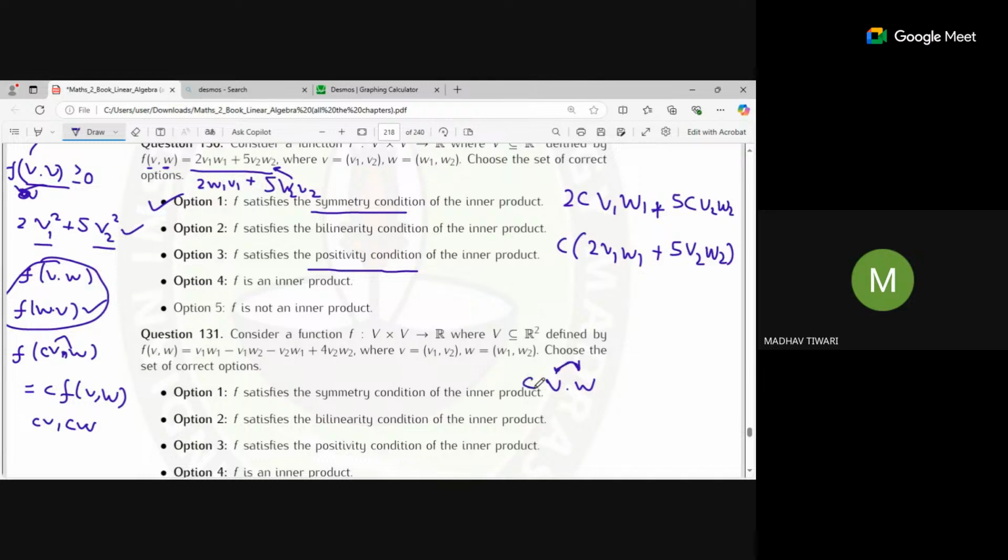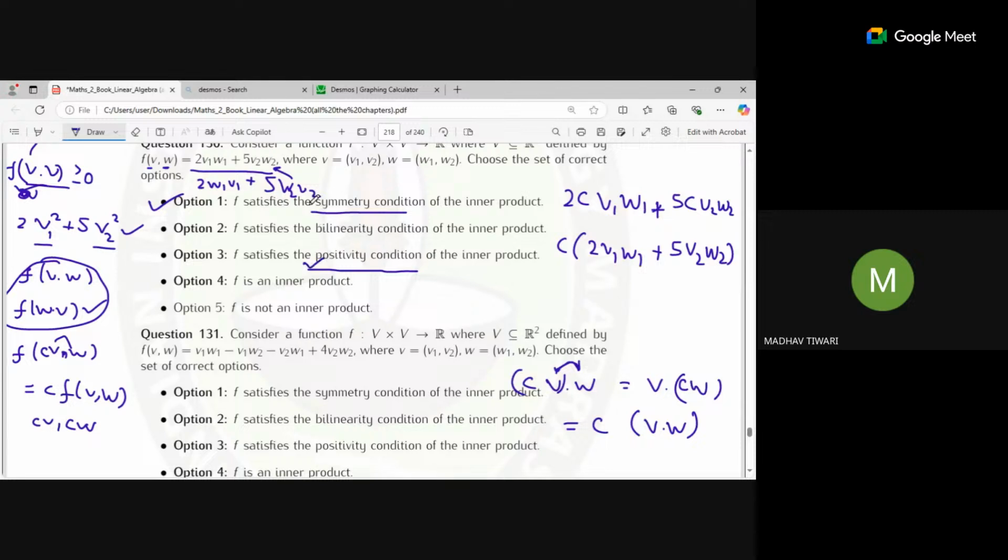So if I multiply this first, it should be equal to V times CW, and it should also equal C times V dot W. Whichever I do first, it should satisfy all these three conditions. Doesn't matter whether I multiply the vectors first or the scalar first. That is the property.